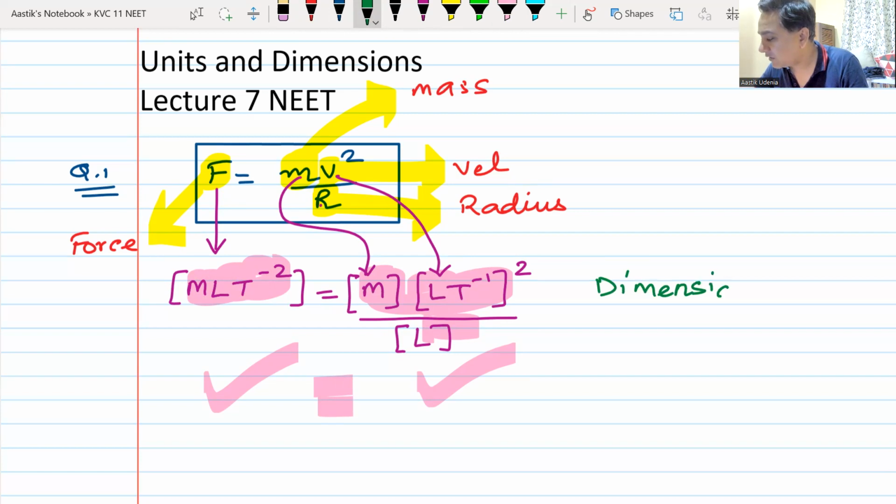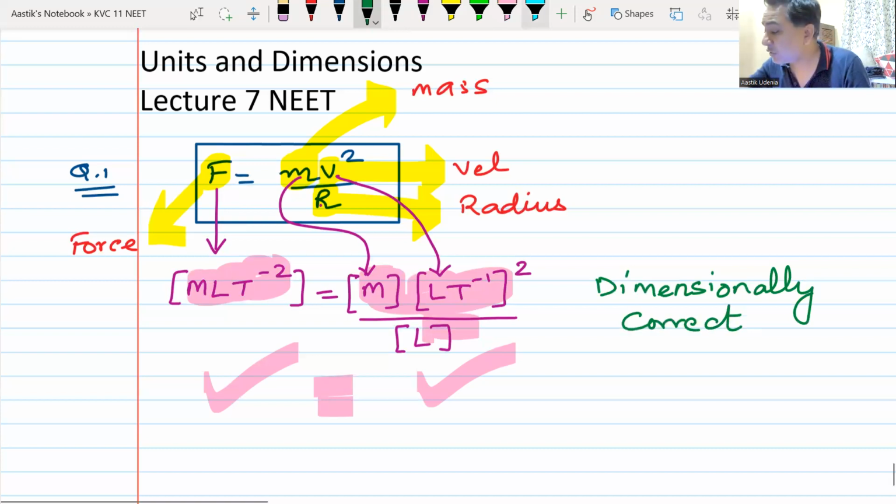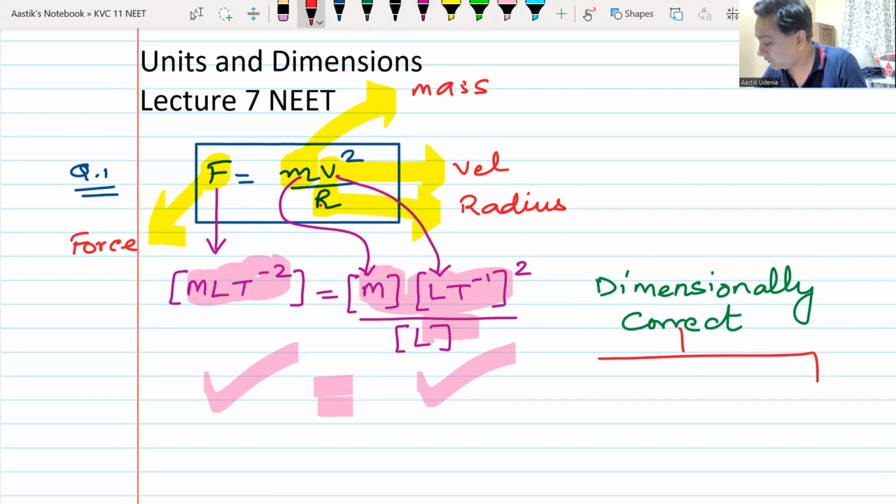Are we on the same page? This equation is dimensionally correct. Now, there are two things that are possible. This equation can be actually correct, or this equation may also be wrong.